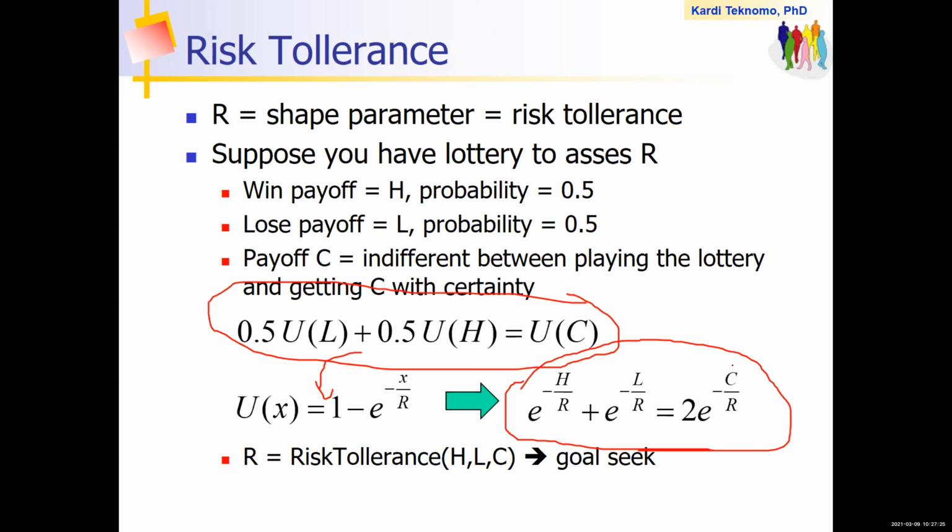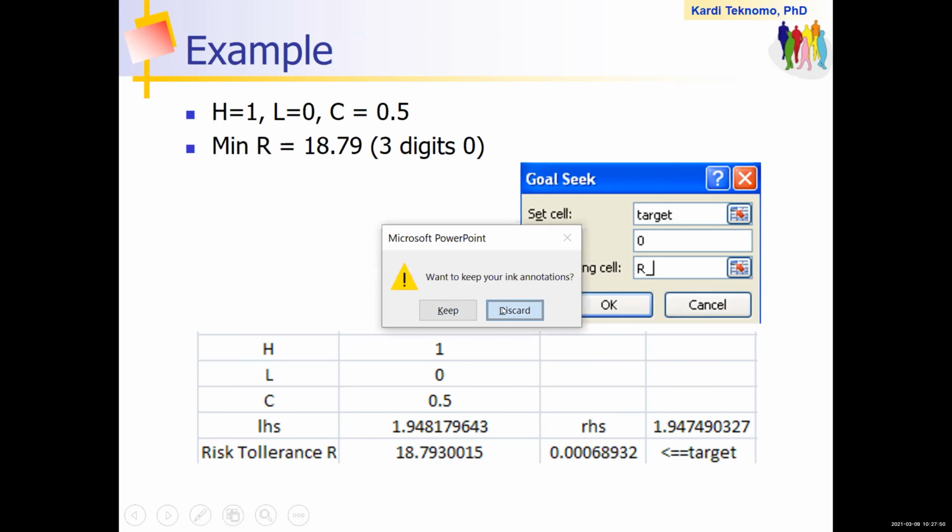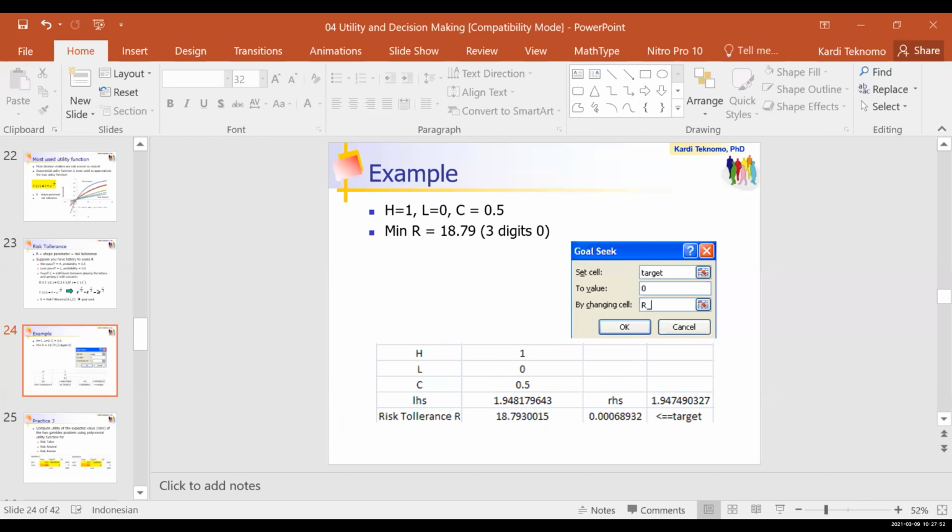So I want you to practice something like this. In Excel, I want you to practice to get the risk tolerance.